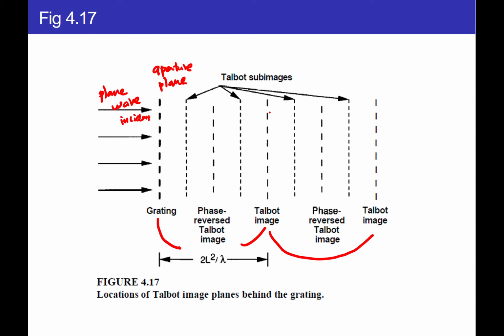It has the same structures, and we call it the Talbot image. So by Fresnel diffraction, we get the replica of the images periodically with this period. This is another interesting phenomenon of Fresnel diffraction.